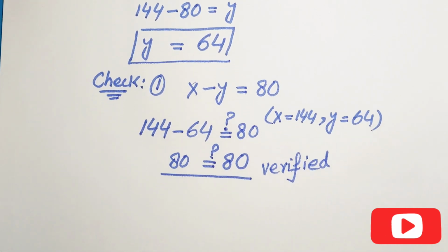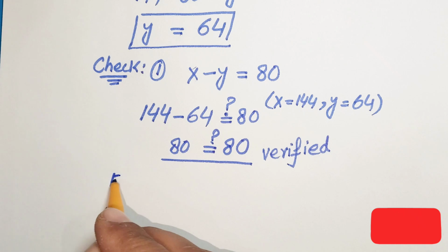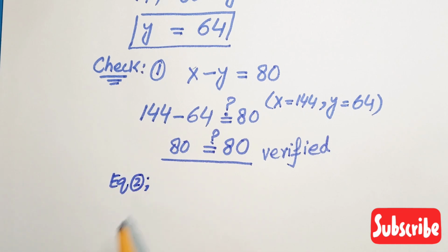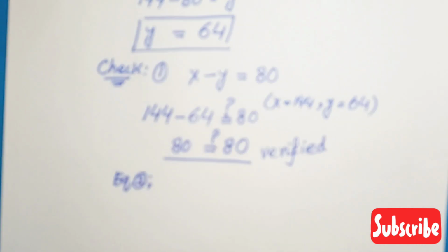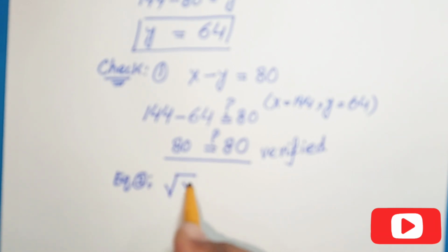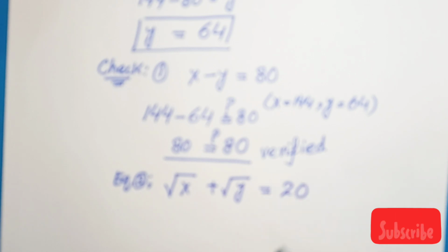Similarly, putting the same values in equation 2, recalling our equation 2, which is square root of x plus square root of y is equal to 20.